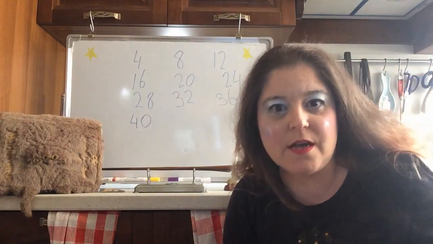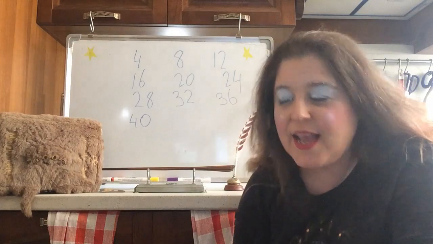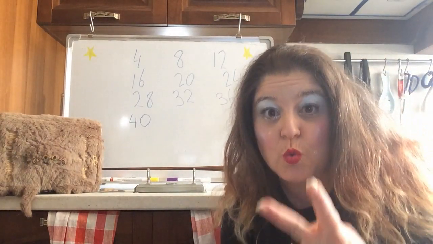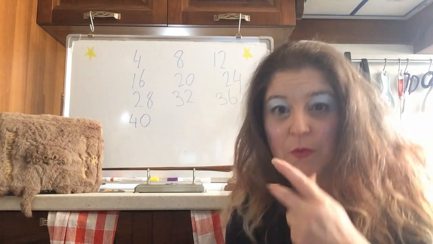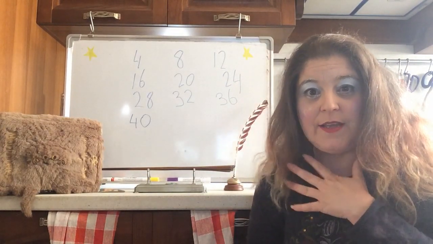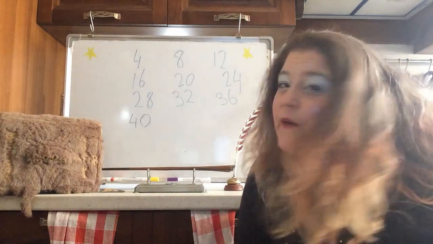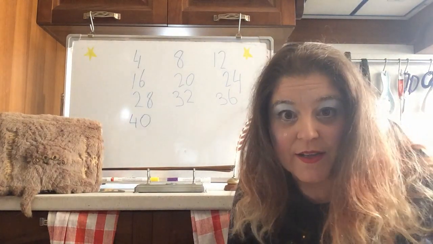All right, so using what we've just learned, can you figure out the next 2 multiples of 4? Think about what we've learned. Think about those multiples of 2. Work out the next 2 multiples of 4 and write them.